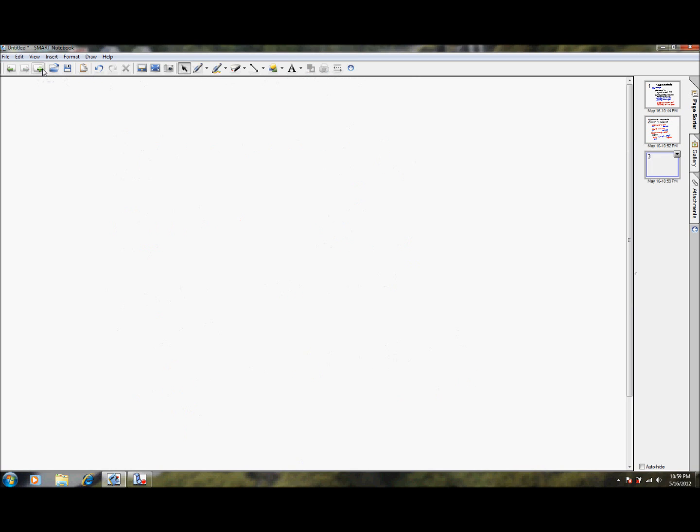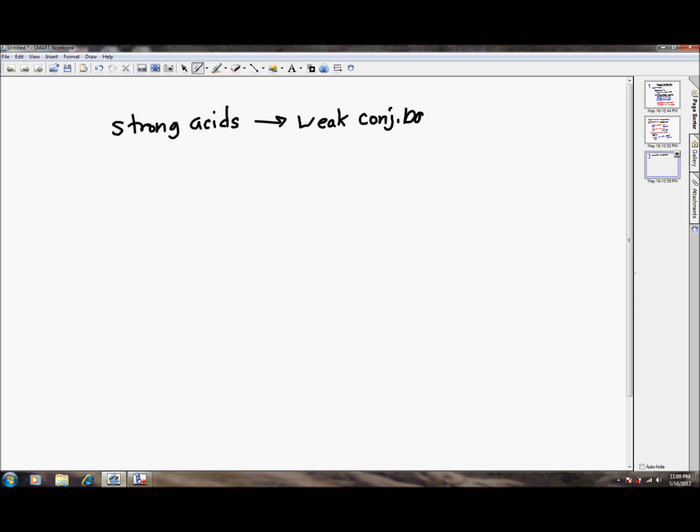Okay, lastly, we talked about the strong acids, the ones that dissociate 100% in water. Remember, there's 6 of them that you must memorize. Strong acids have weak conjugate bases.